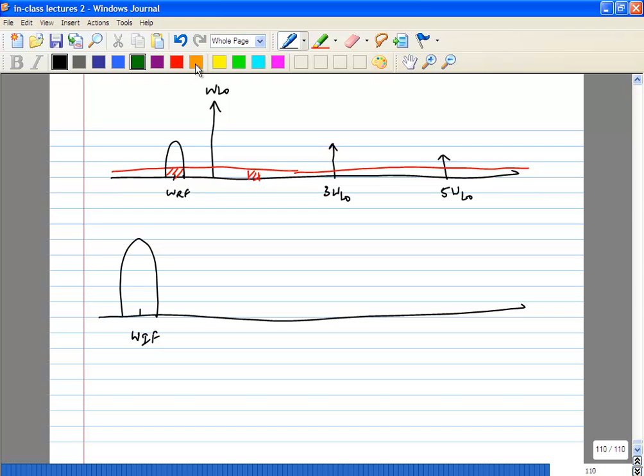So I definitely have noise from omega RF and omega IM. Now remember that the signal in the bottom transistor is getting multiplied by not only omega LO, it's also getting multiplied by 3 omega LO, 5 omega LO and so on.